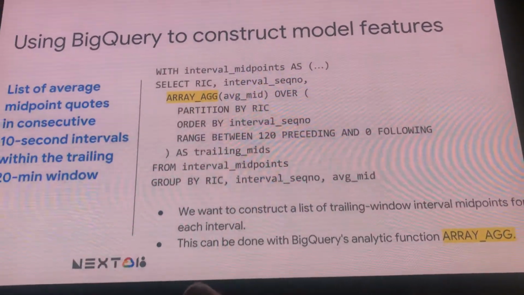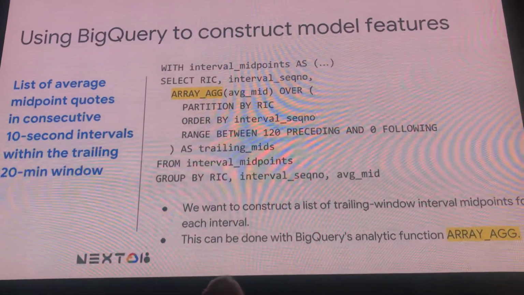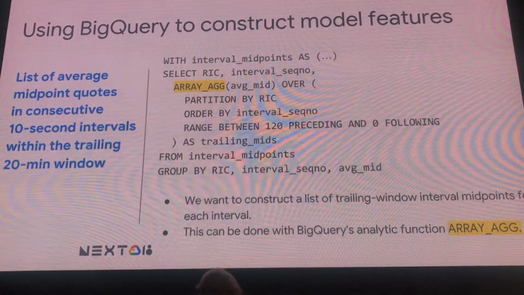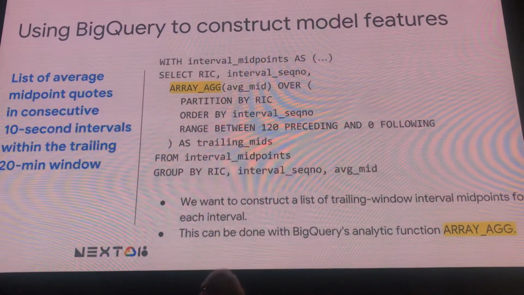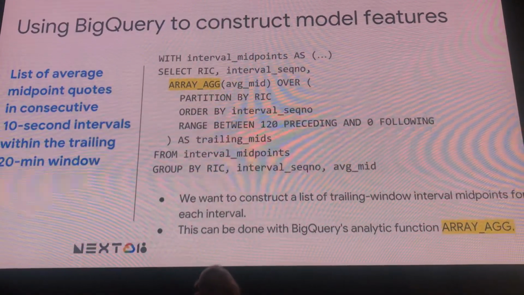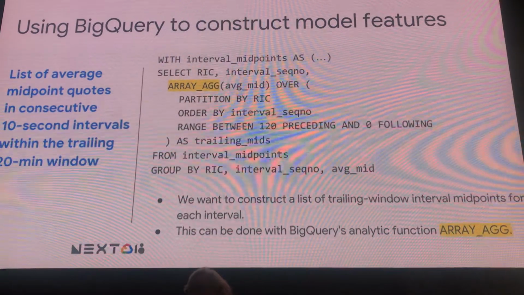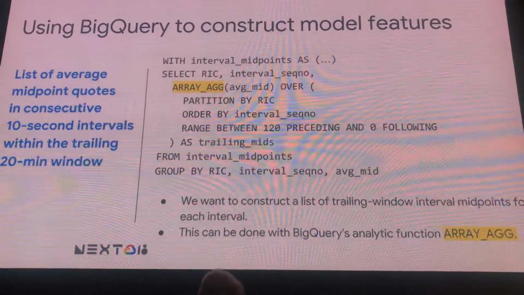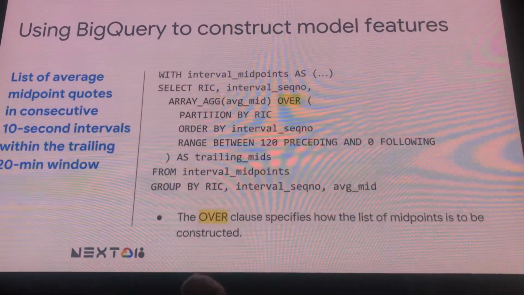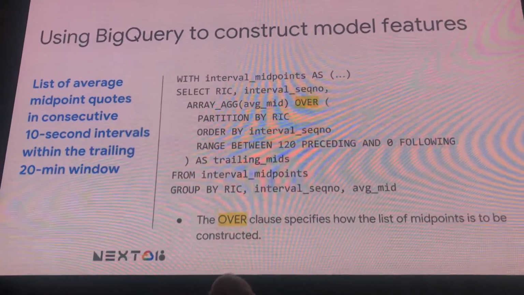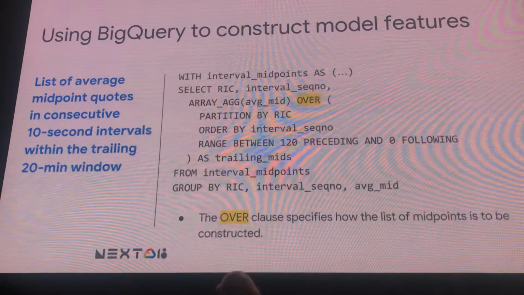And here we're using the array aggregation function, which is an analytic function of BigQuery that allows you to apply a certain function over a series of rows preceding each row in the output. What I want to do here is to partition data by RIC, and the OVER clause specifies how exactly we're going to do it.